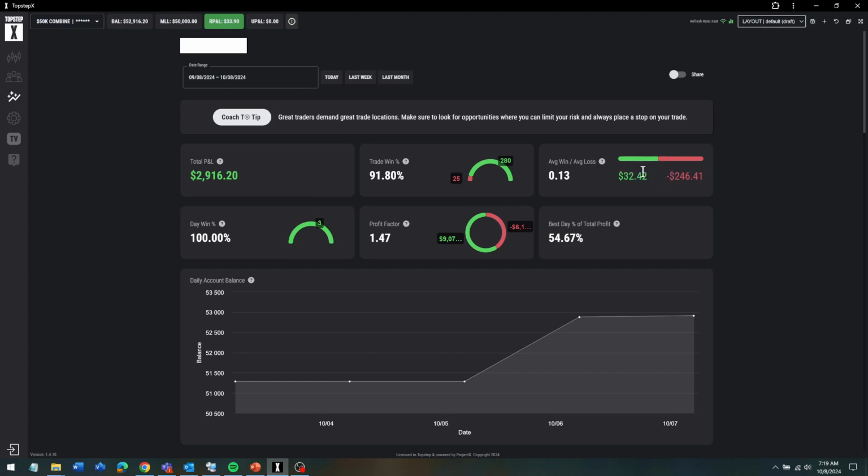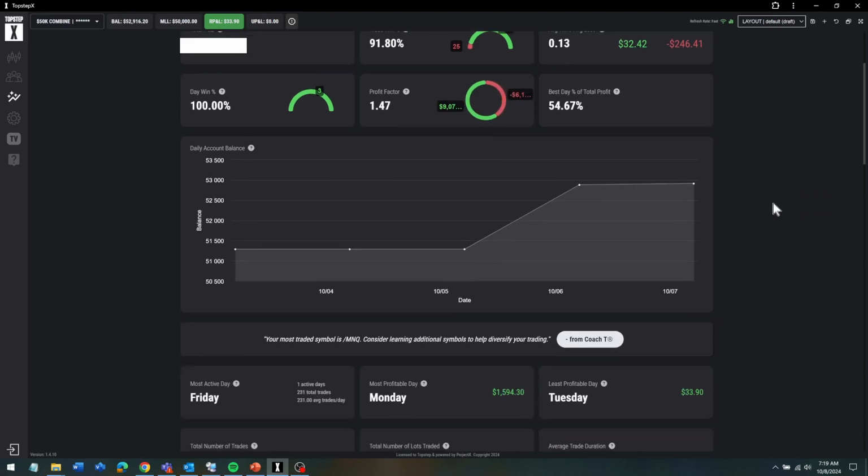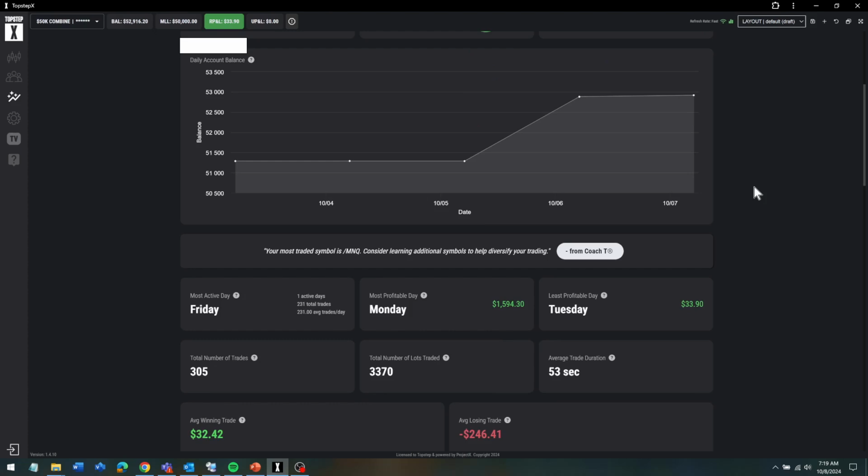It's obvious that I might be winning a lot in the small dollar value, but the losses are knocking that back. The profit factor could be better than that. I've seen typically on my past attempts about a 1 to 2, so about 1/3, and I don't think that's too bad personally.